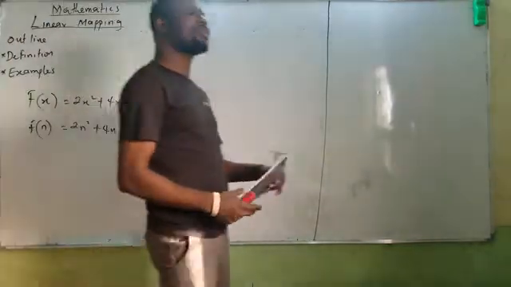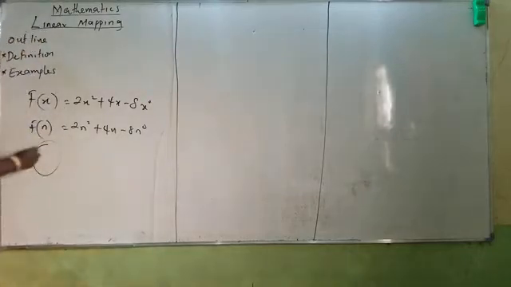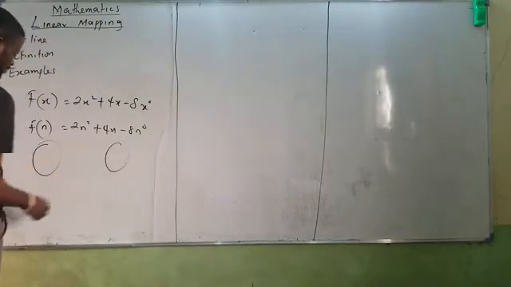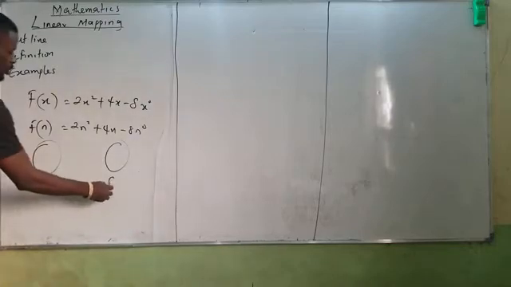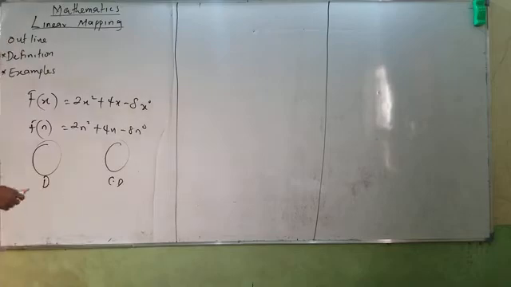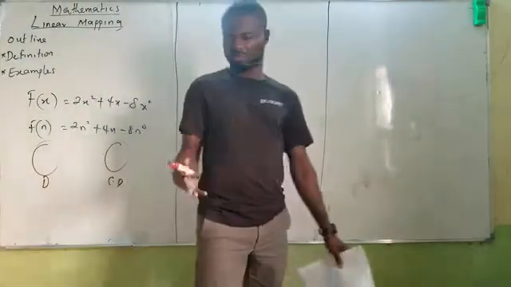But if I want to explain it very well, you must understand what is called domain and codomain. When we talk about domain, this is called domain. This is called codomain. We can also call it image and pre-image.